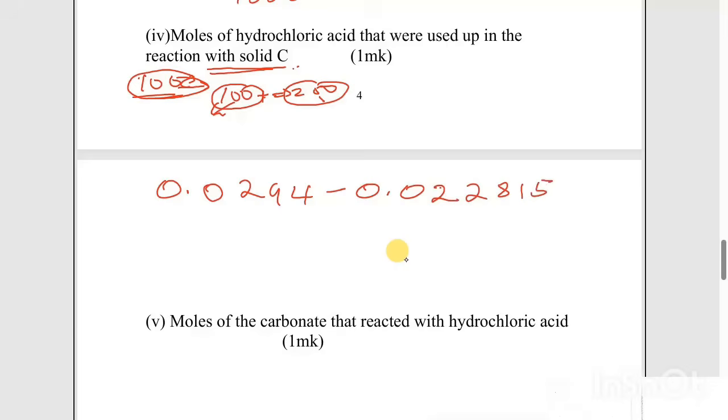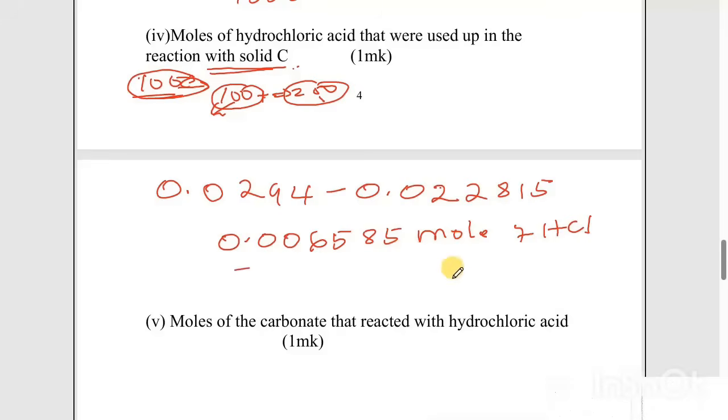Now that one gives us 0.00685 moles of HCl. This is the number of moles of HCl that reacted with solid C. Very good. Because we have subtracted original minus the number of moles that remained, it has given us this.